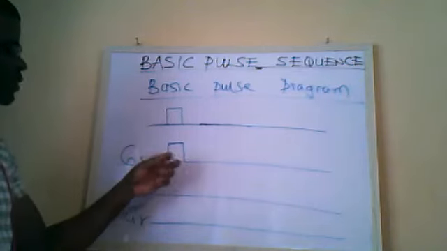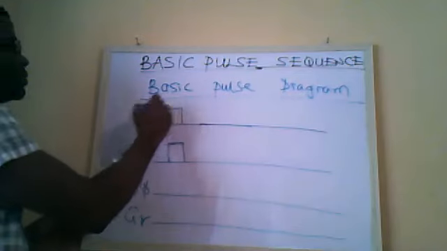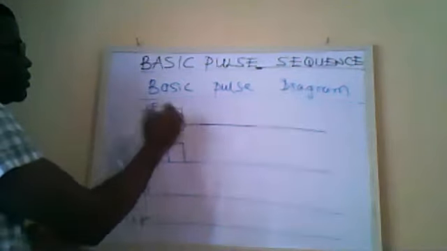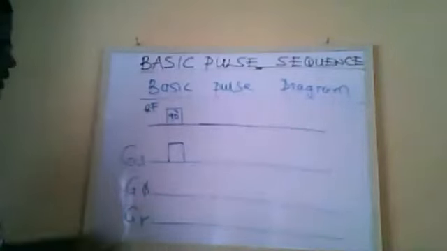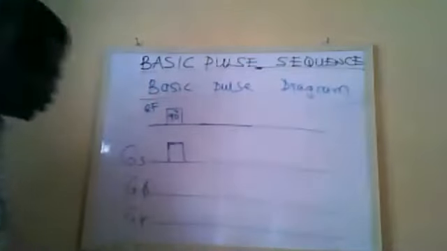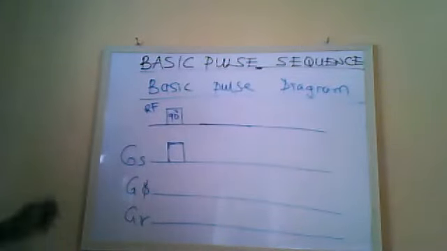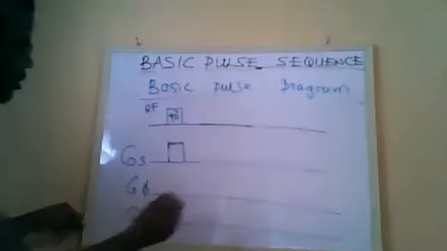You have to select the slice immediately you turn on the RF. Then after that moment, you also need to turn on the phase encoding gradient.